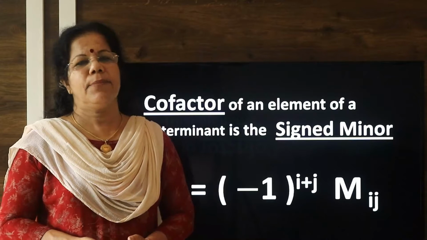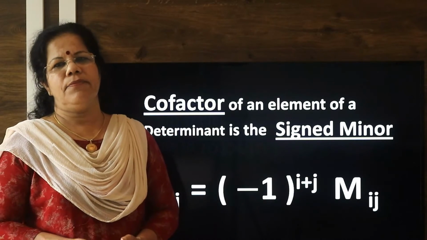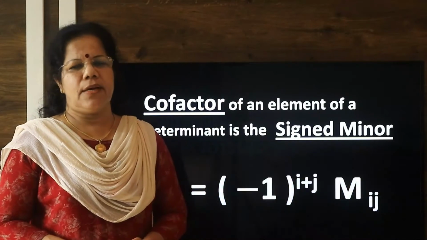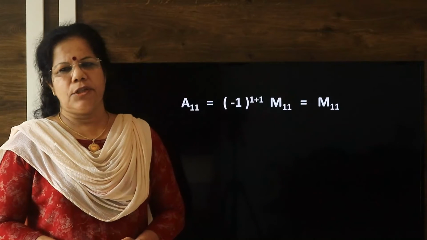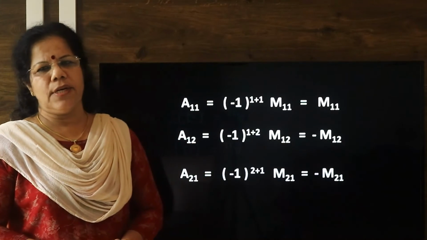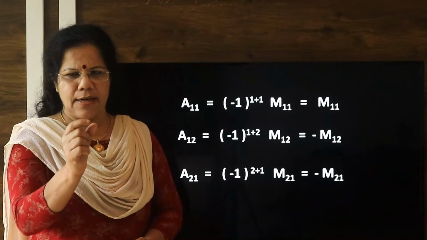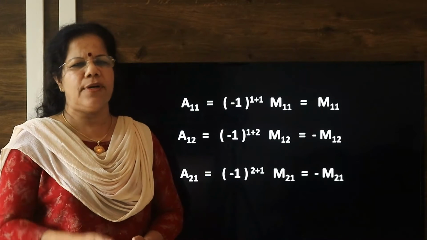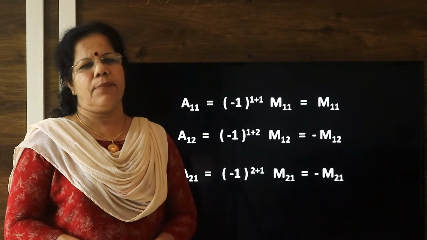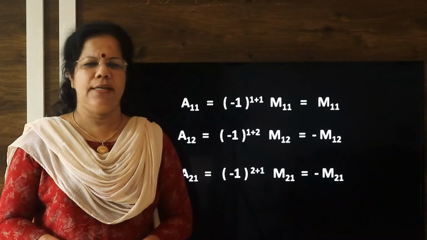So it will be negative M12. So A11 will be M11, A12 will be negative M12 and A21 will be negative M21. We are just adding the negative 1 whole power i plus j. Depending upon i plus j being even or odd, it becomes positive or negative.